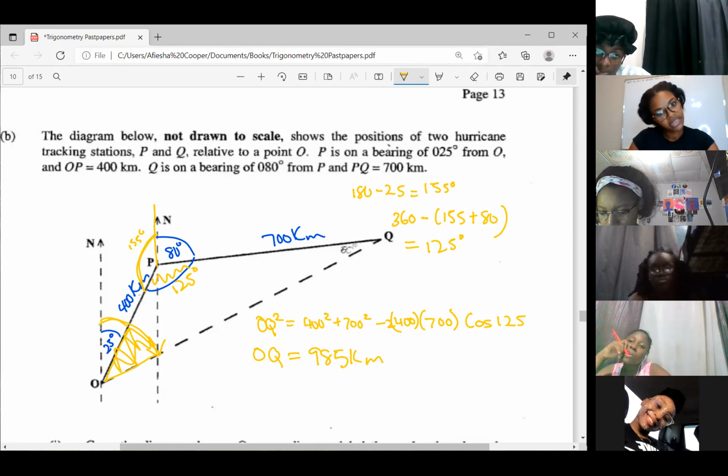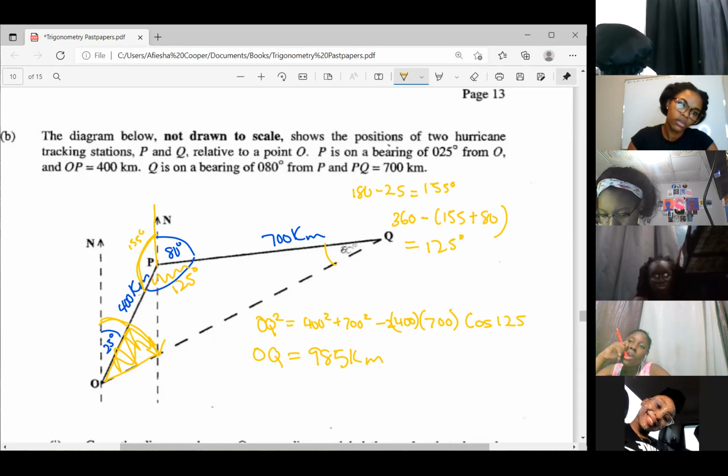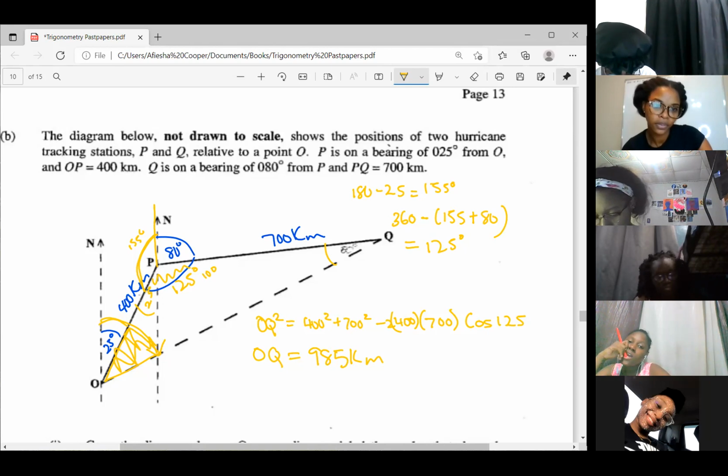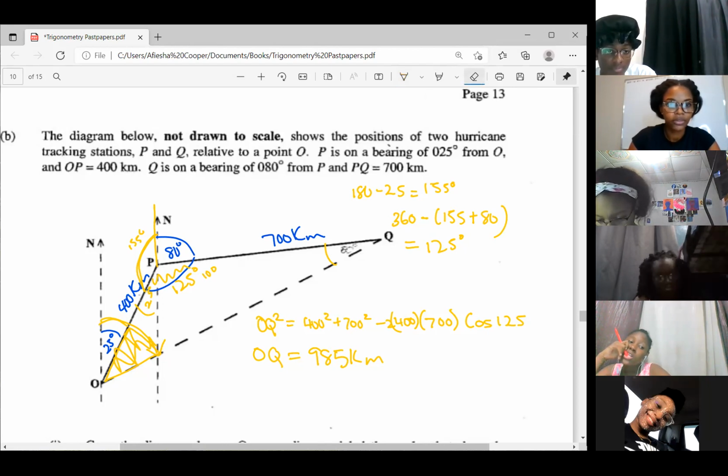Trying to see if there's any way that we could find inside here. This is 25 as well. This is 100. Okay. Guess we gotta go working it out.